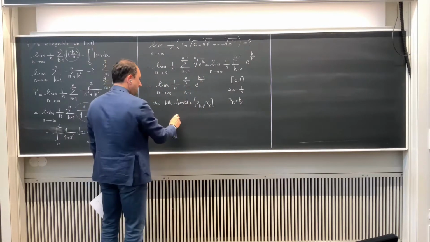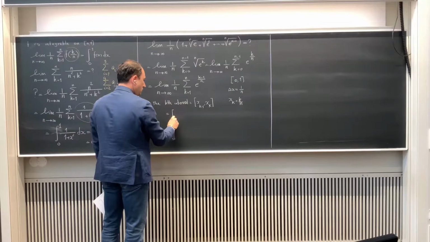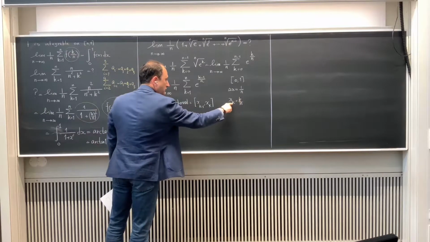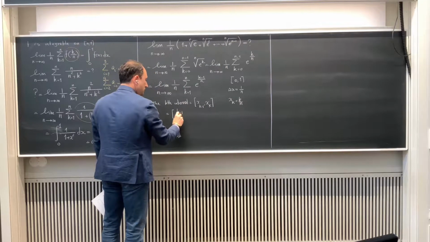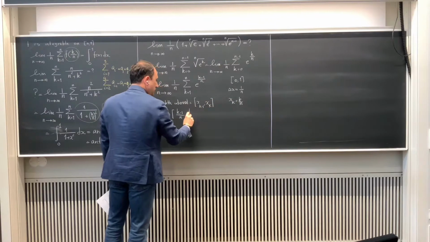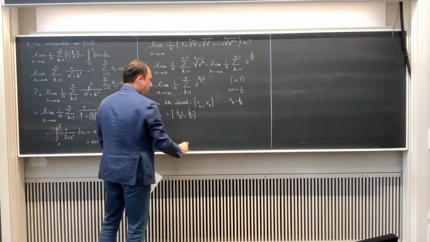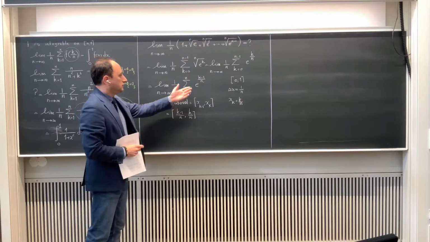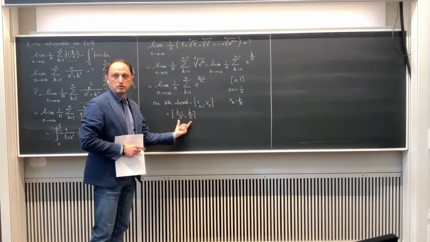So what happens? Instead of x sub k minus 1, I replace k with k minus 1, it becomes this. And then instead of x sub k, I write k over n. So if I ask you what is the kth interval for this partition, you show me this.